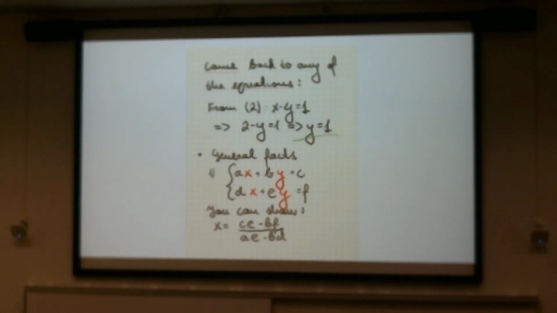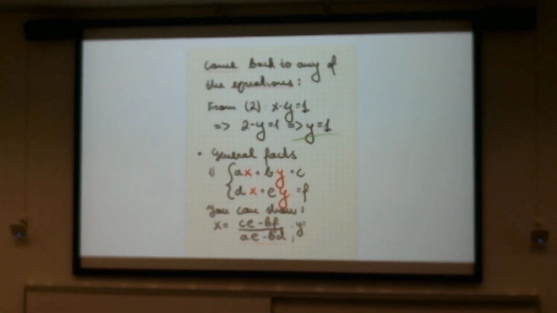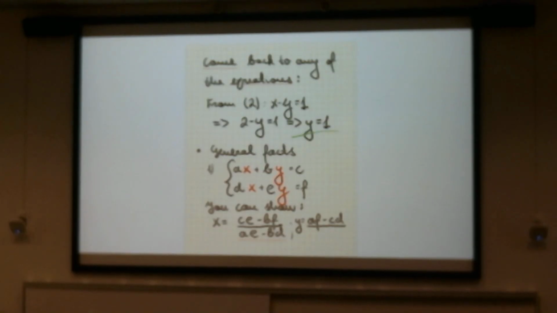That is x. And then y is going to be similar. So it's going to be a times f minus c times d, and then the denominator is the same: a times e minus b times d.